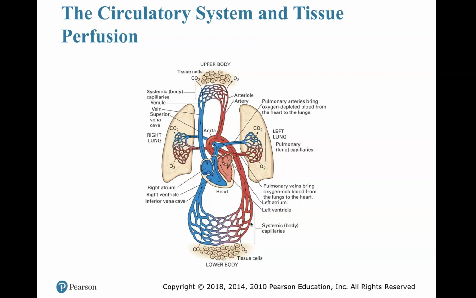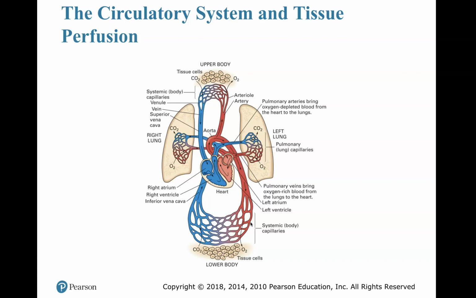So that's what perfusion is: bringing the nutrients and oxygen that our body cells need to them, and then picking up waste and bringing it to the correct places so that it can be disposed of.